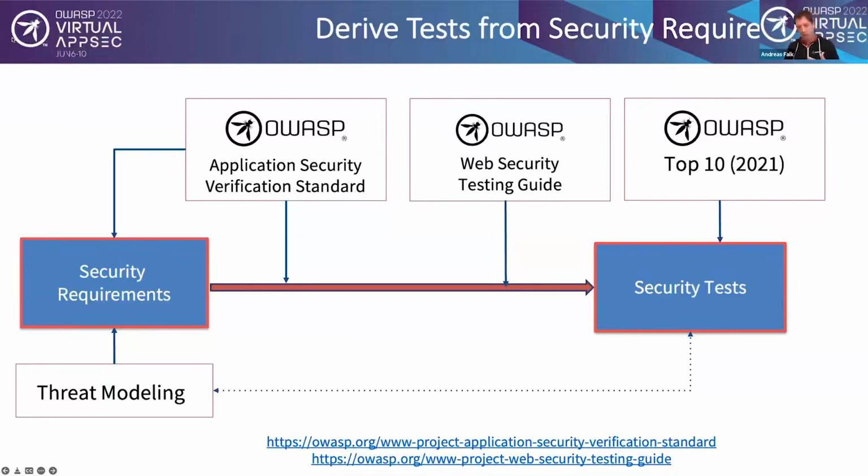And then you can use the OWASP Top 10 list just to make sure that you covered all the important aspects of the most critical security issues that can happen. Just to have a security check at the end, whether your security tests cover all the important aspects.